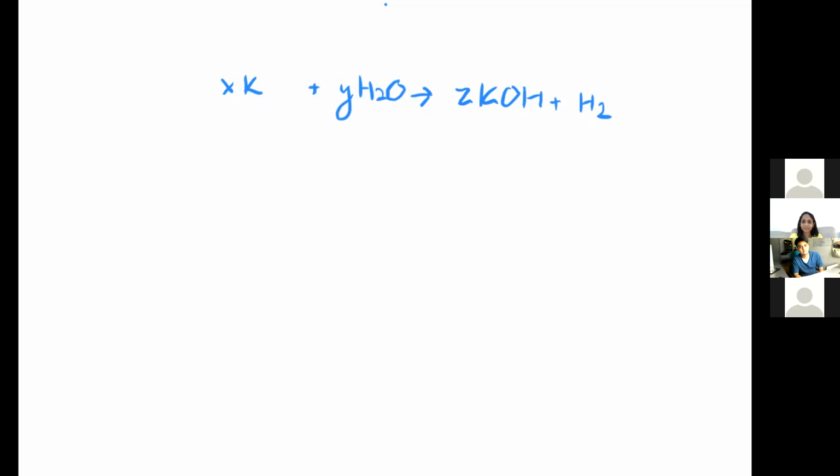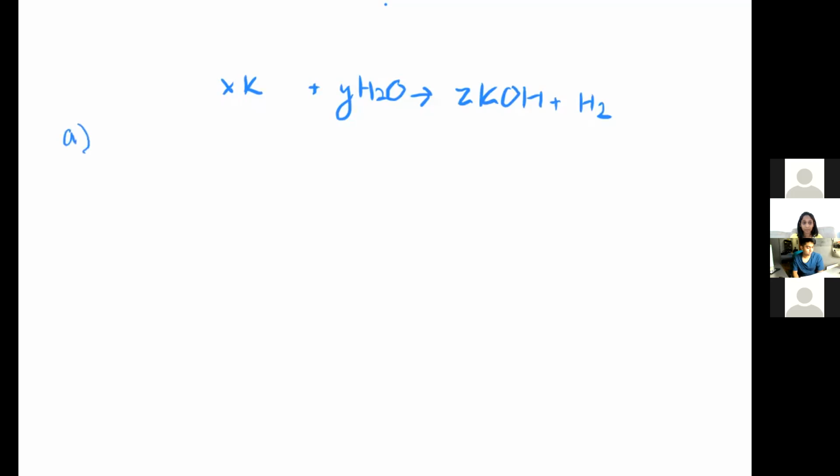Can you hear me now? Okay. So basically, question number 2 is about potassium reacting with water to form an alkali and a colorless gas. We know that the colorless gas is hydrogen gas. So it's basically a straightforward question.